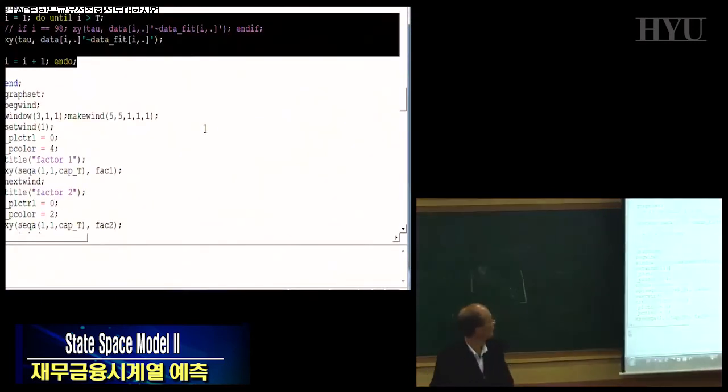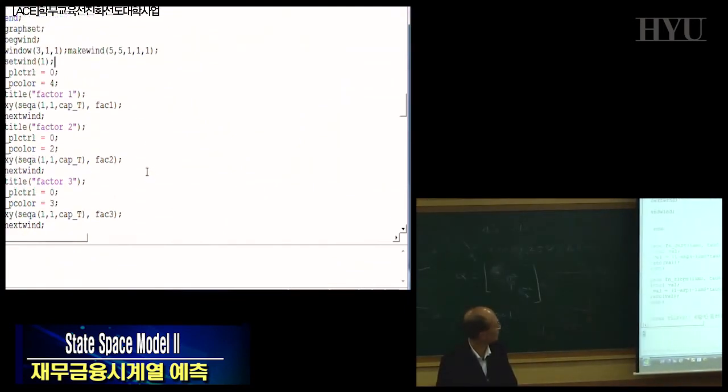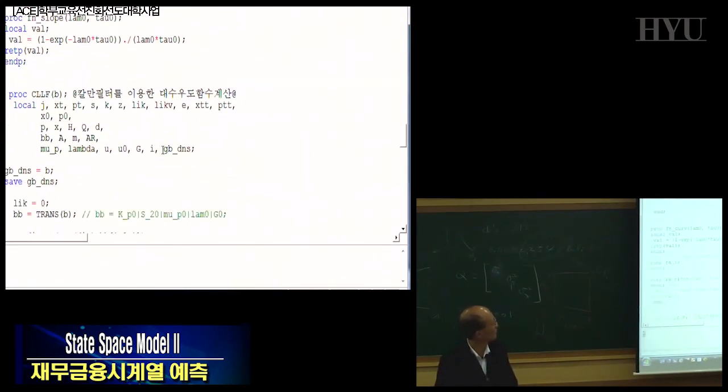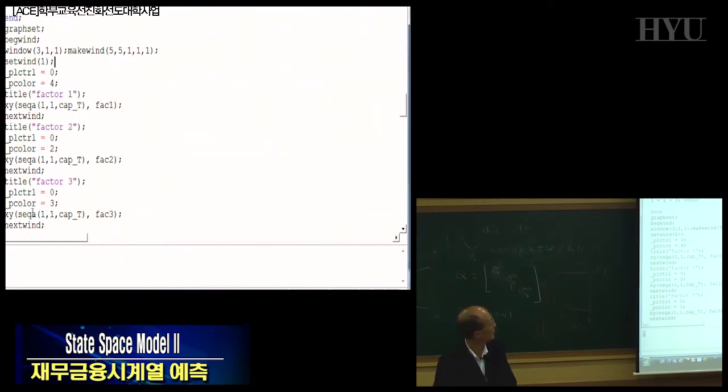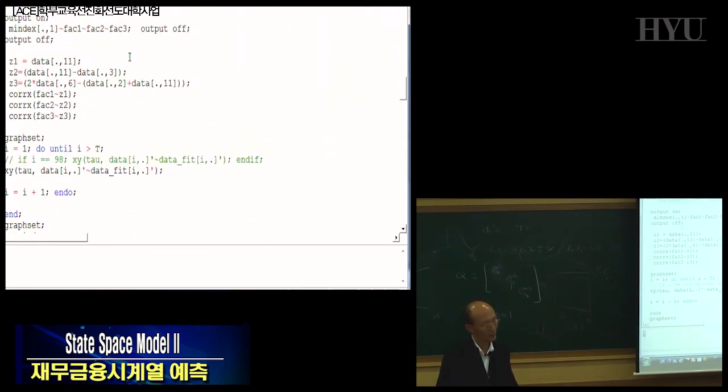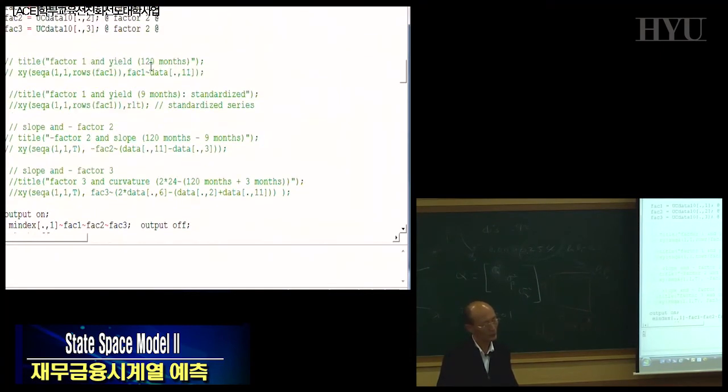What else? The thing I didn't explain, don't worry about it. But here, there are many intermediate outputs you can generate.